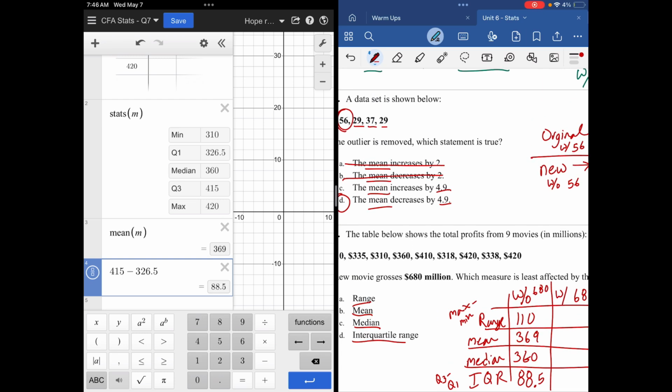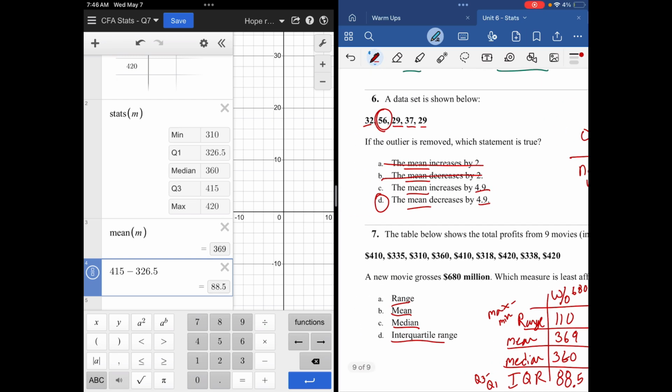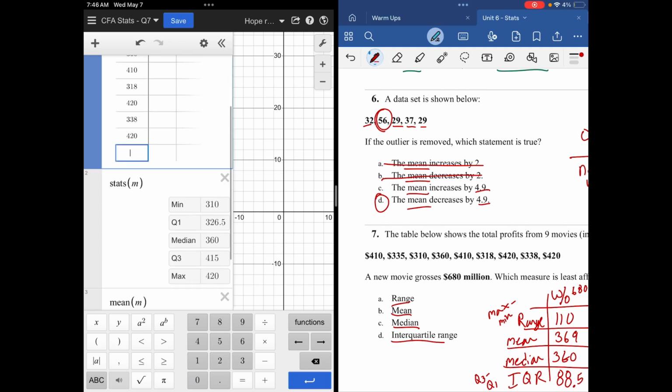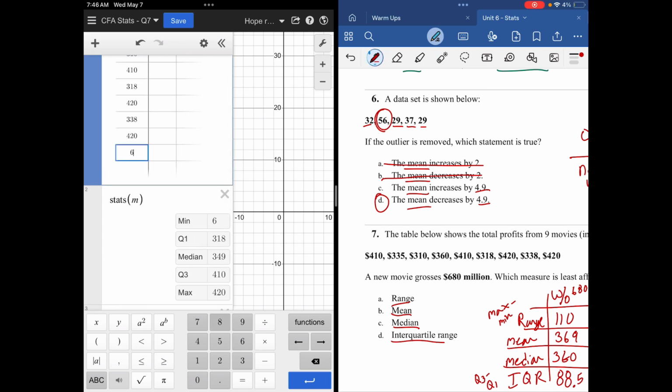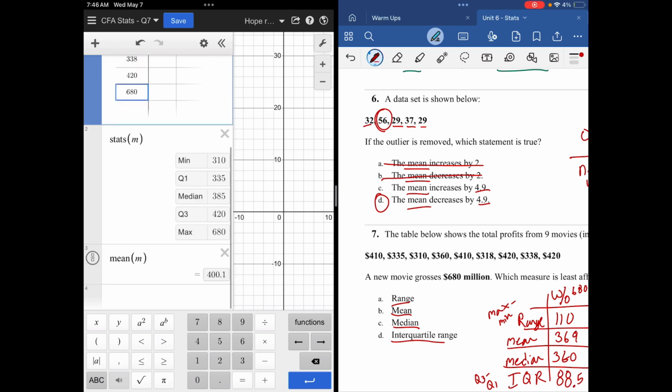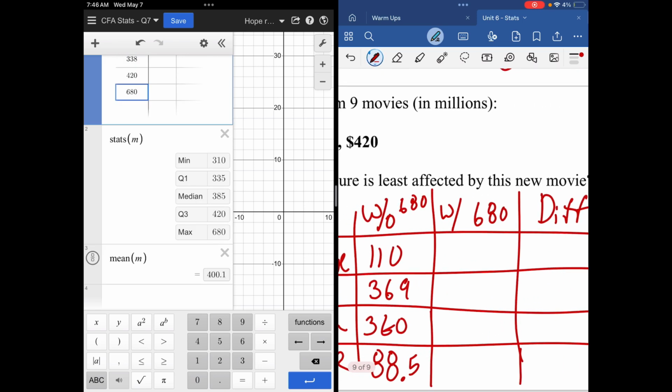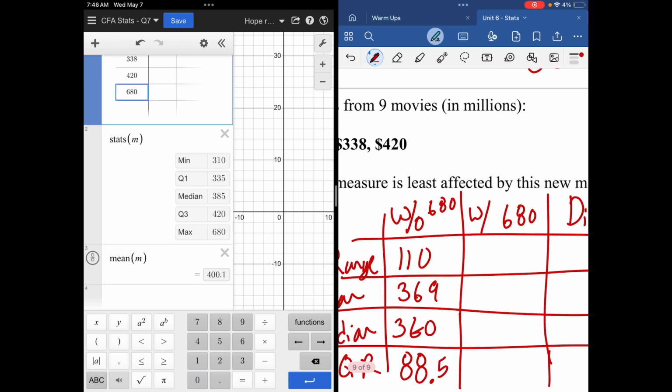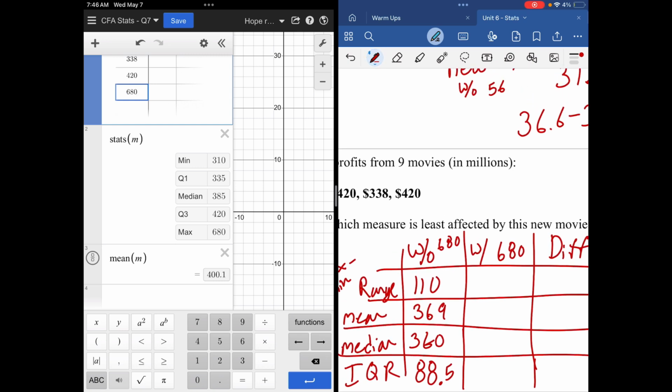So the problem tells us that a new movie grosses 680. So I have to add that 680 to my table, and we have to look at how all of these numbers changed. So let's look at the new numbers with the 680. The new mean is, we'll just call it 400.